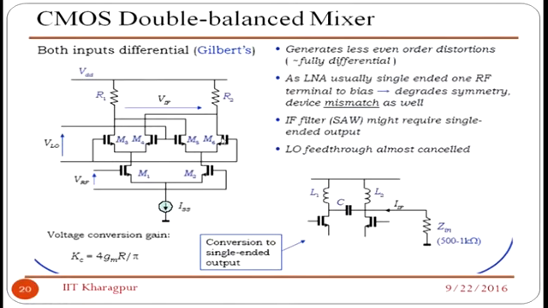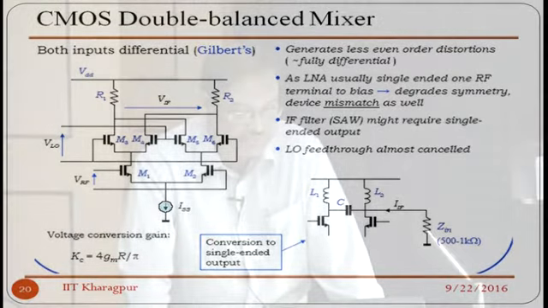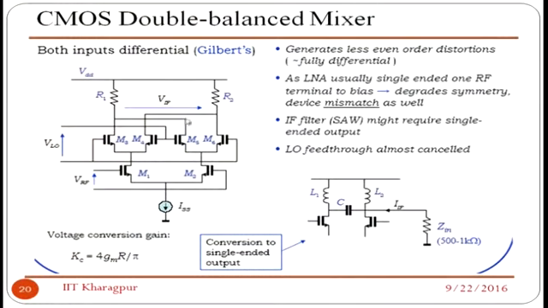You know that the drains of the transistors M3 and M6 are connected. If you look at the VLO, the local oscillator frequency is feeding this one, and this is a differential one.